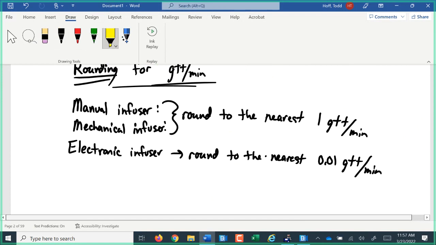Because you can always round a number more, once you've rounded it, you can't get that information back without redoing the problem. So since you can always round a number more later if you need to, we're going to go with the more precise measurement. Our standard is going to be to go to the nearest hundredth of a drop for this course.